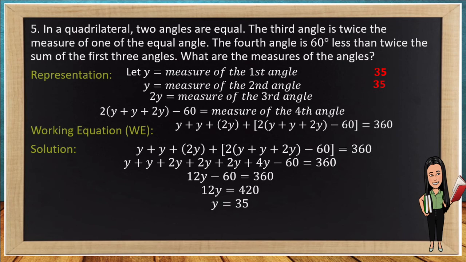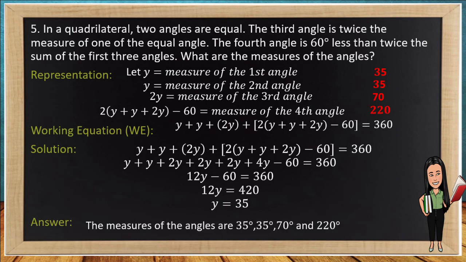Yung third angle, multiply 35 by 2, 70, and then the fourth angle, so i-add daw yung tatlo, 140 times 2, 280, minus 60, 220. That's the measure of the fourth angle. The measurement of all the angles in our quadrilateral are 35 degrees, 70 degrees, and 220 degrees.